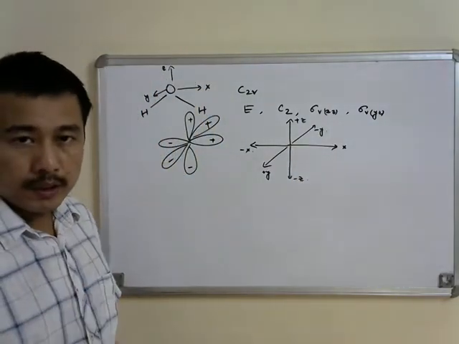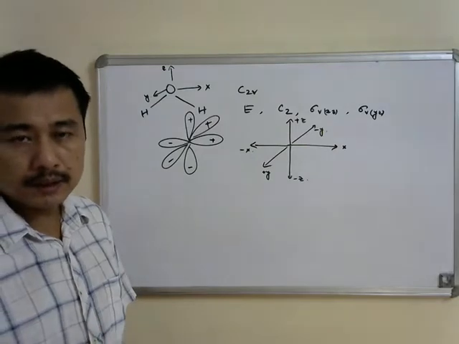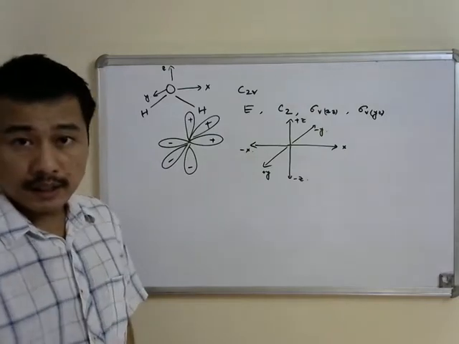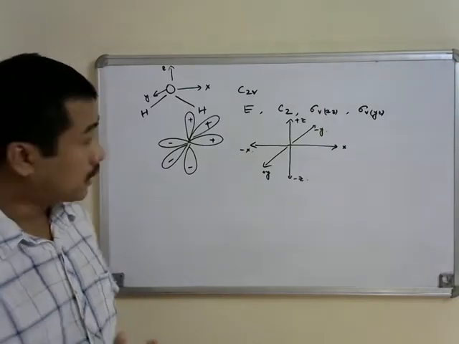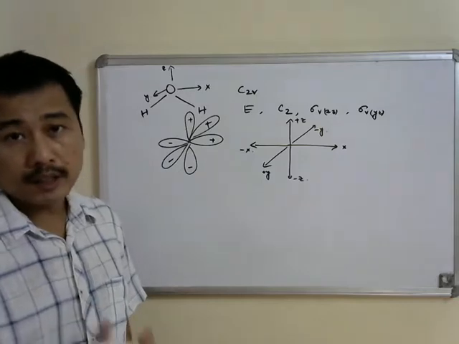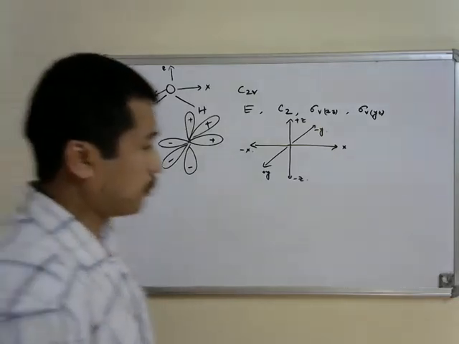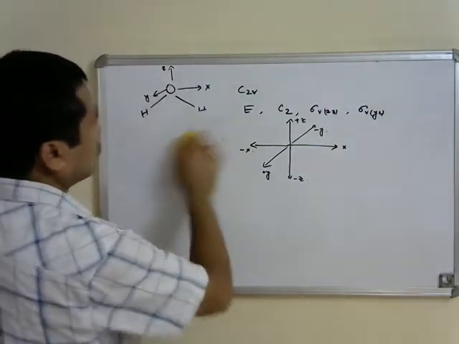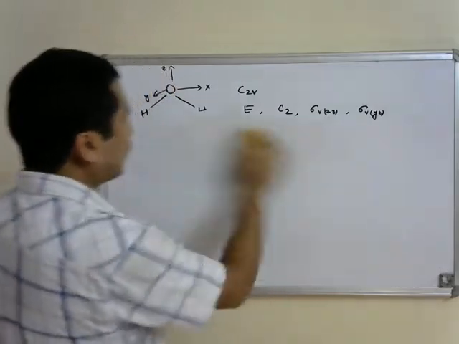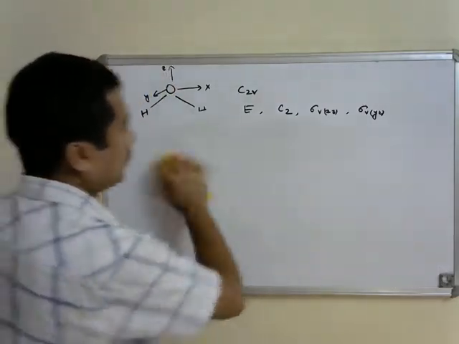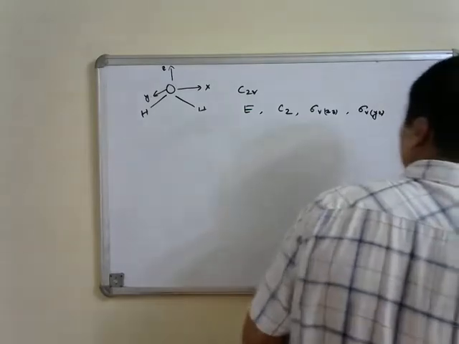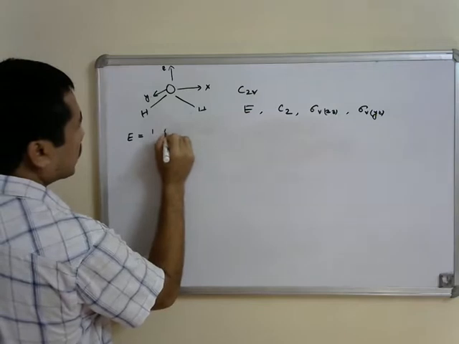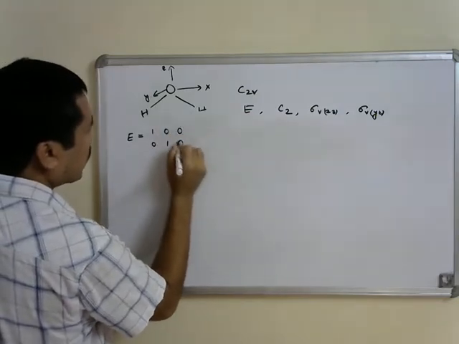When we take the p orbitals as the basis, the matrix representation for different symmetry operations is going to be identical to the matrix representation that we get by taking the three-dimensional Cartesian coordinate as the basis. So then we can write the matrix representation for different symmetry operations in the water molecule. For the identity operation, the matrix is going to be the three-dimensional unit matrix.